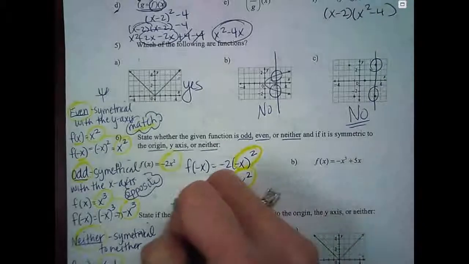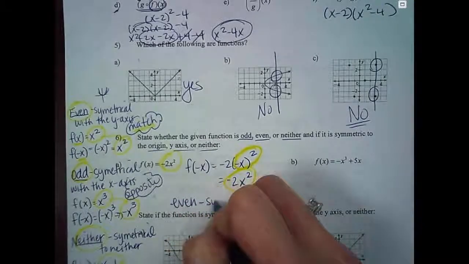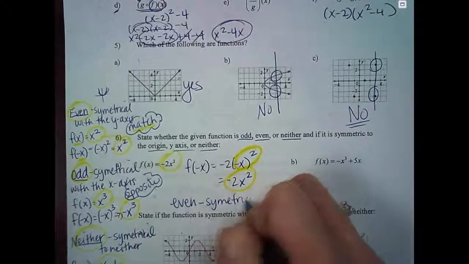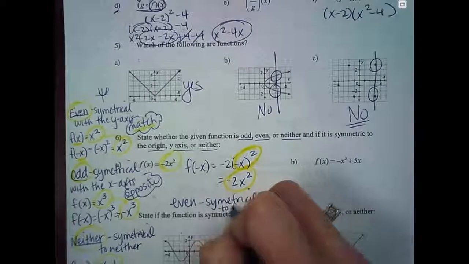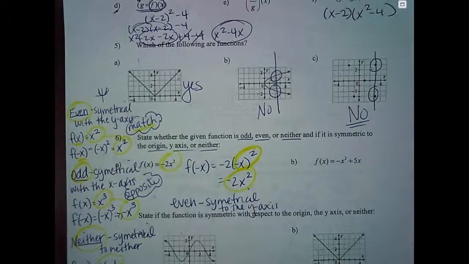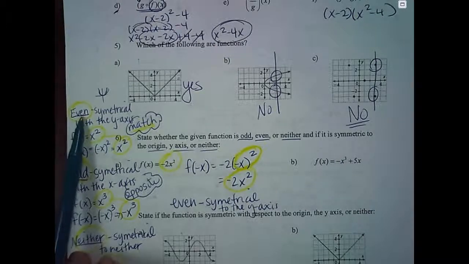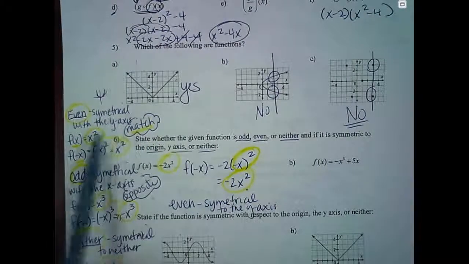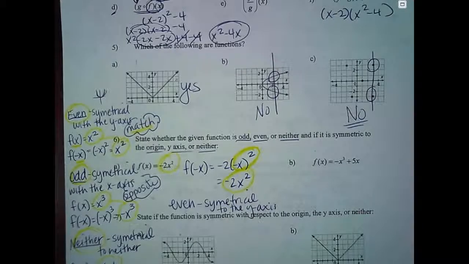Yeah, so this is even. And what's it symmetrical to? Symmetrical to the y-axis. If it's even, it's symmetrical to the y-axis. Okay, gotcha. You try B.